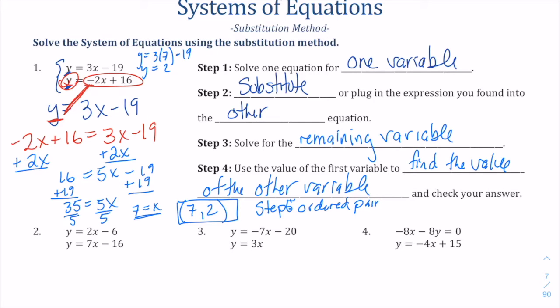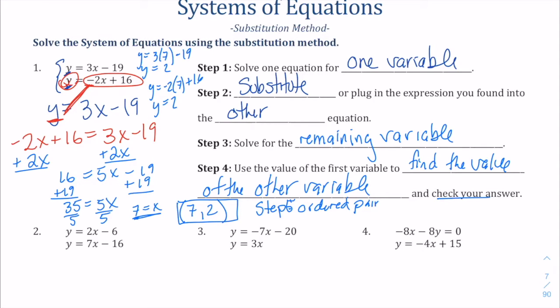Now, another thing is it says check your answer. You can know for certain if you've got the correct answer. Let's take that value 7 that we found and plug it into our second equation. So here we get y equals negative 2 times 7 plus 16. Negative 2 times 7 is negative 14, plus 16 is 2. Oh, good. We got the same answer.